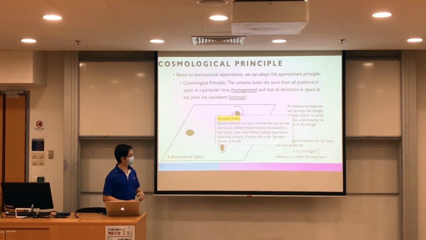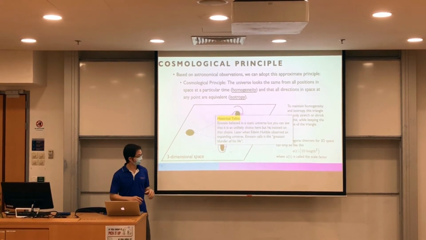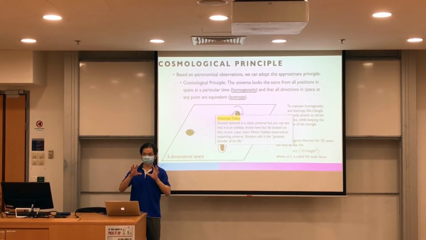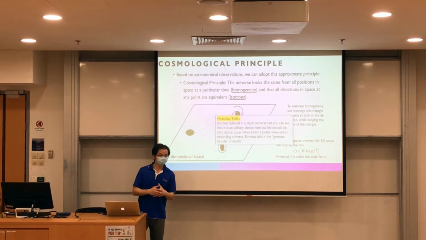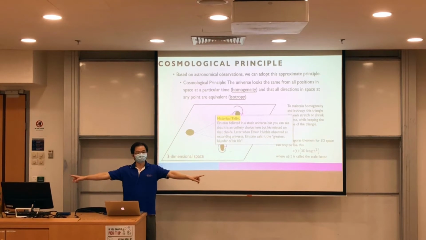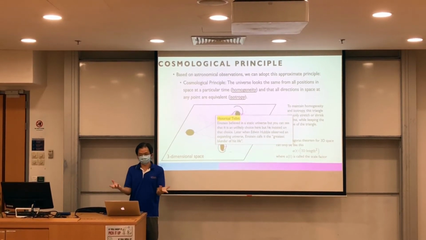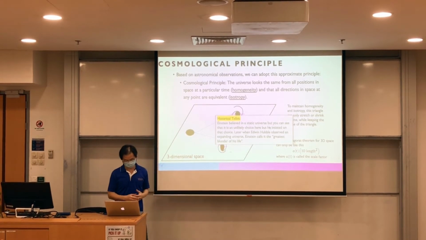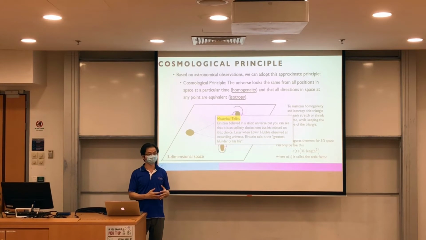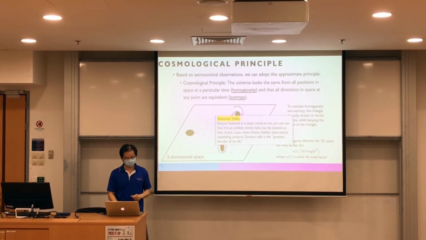But he insisted. Then Edwin Hubble went to measure the distances to galaxies, and he found that the galaxies are actually moving away. So the universe is obviously not frozen, not static. Einstein called it the greatest blunder of his life. Not sure why he insisted.